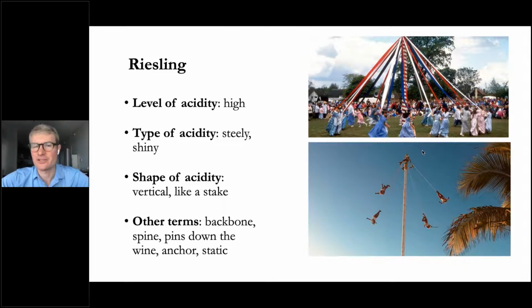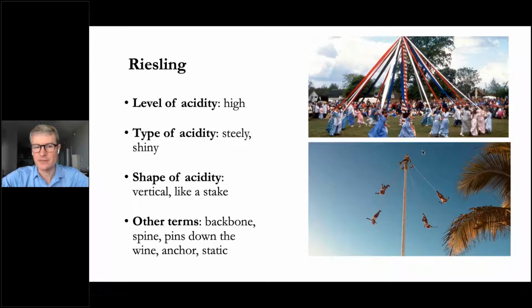But this to me is very strongly connected with the shape of the acidity. So to me, Riesling is the quintessential vertical acid structure white variety. What does that mean? If you look under other terms down here, this may help you to understand what I mean by vertical. So vertical means that the acidity is like a pole or a bar, which is straight down through the heart of the wine.